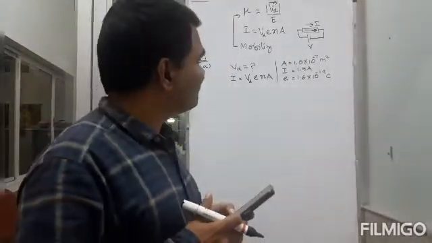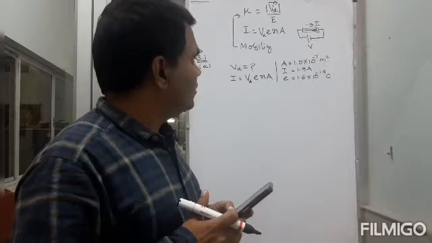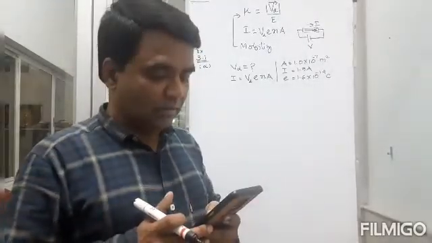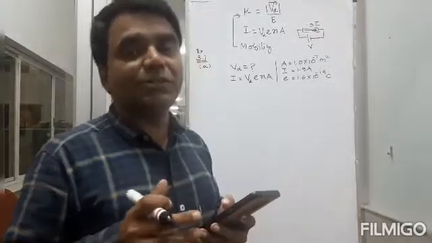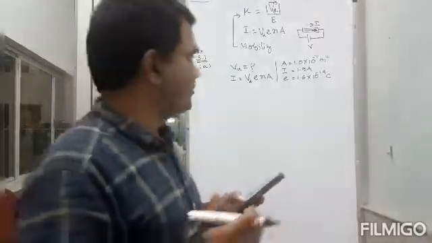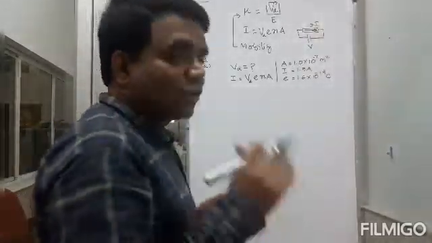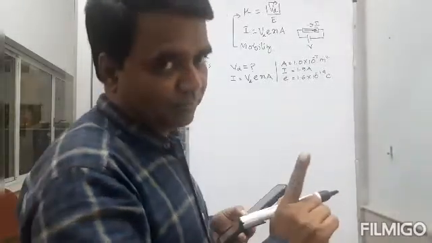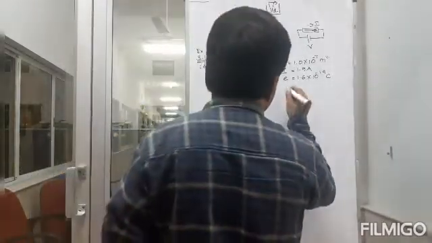How do you do that? Well, they have given you something else. What have they given? They said that copper contributes 1 free electron per atom. So 1 free electron per atom.